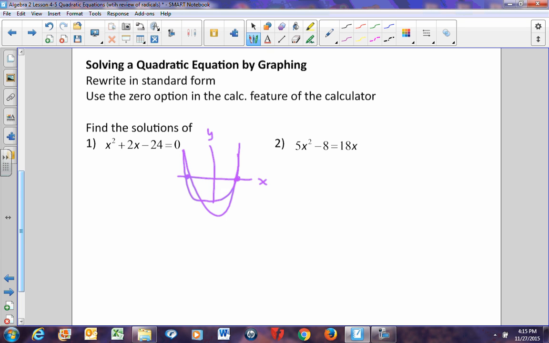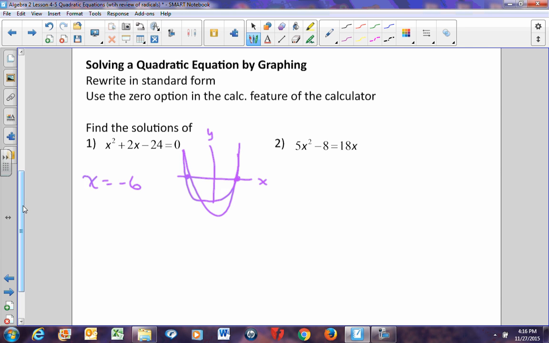I put mine at negative 6.17 or so, and I'm going to hit enter. Then it's going to go right down. Hit your right cursor until it's below the x-axis on the left side of your y-axis. Hit enter, and it's going to say guess, and this is what it's guessing. Hit enter again, and you're going to get x equals negative 6, y equals 0. So your x is at negative 6, so negative 6 is going to be a zero.